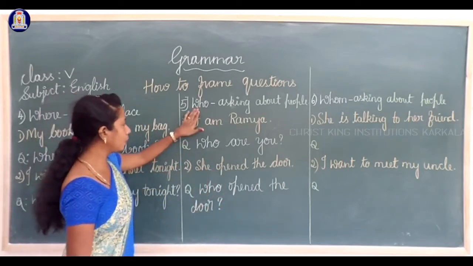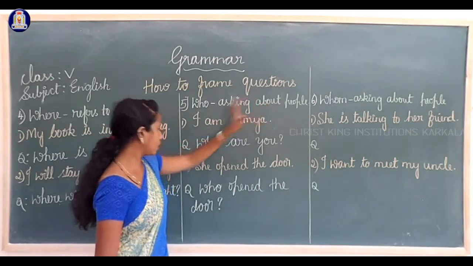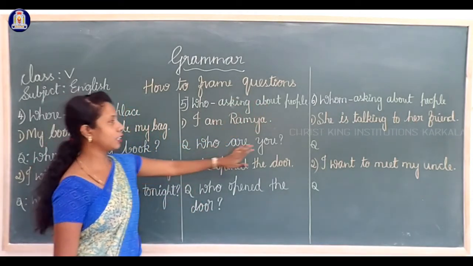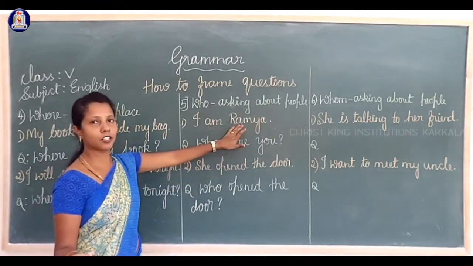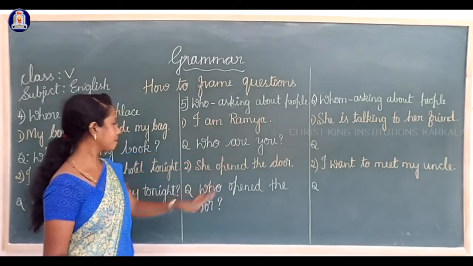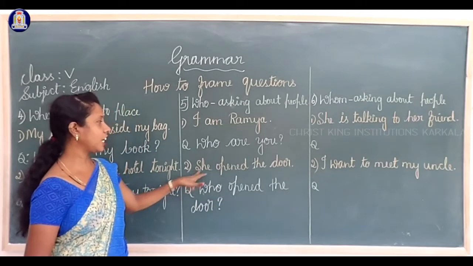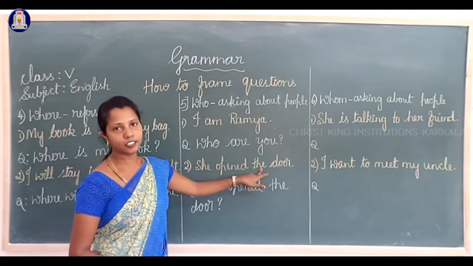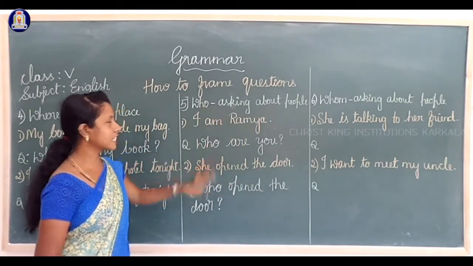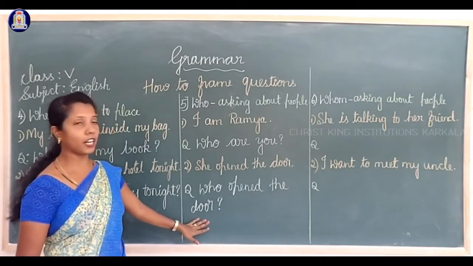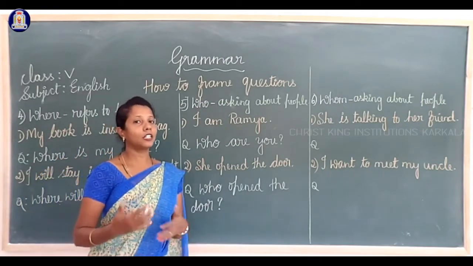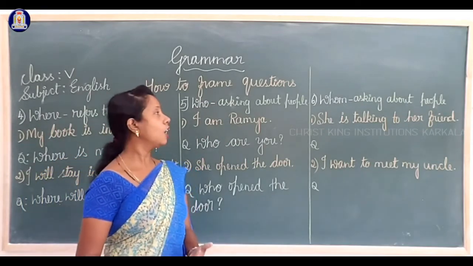So using who, it is asking about people. See, who are you? I am Rani. So we have asked about people, right? The second one, who opened the door? It is she opened the door. So this is the fifth one, using who, how to form a question.